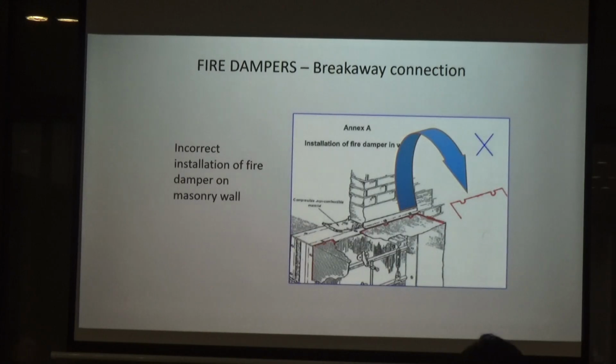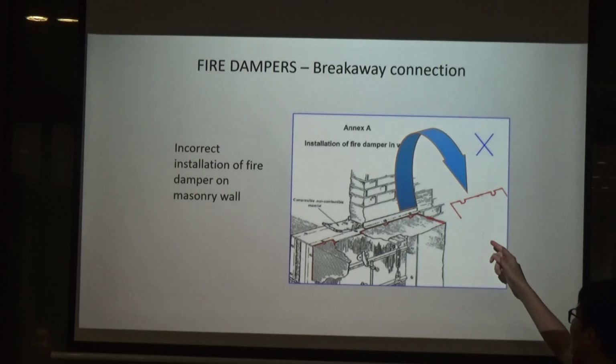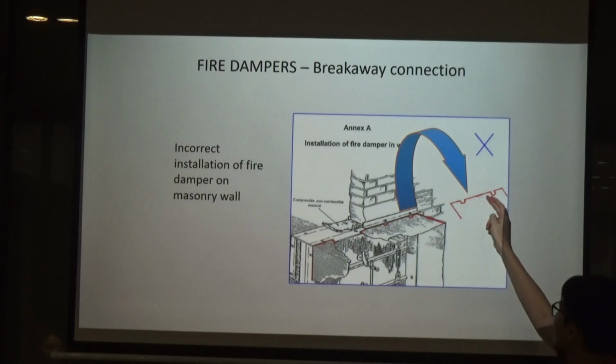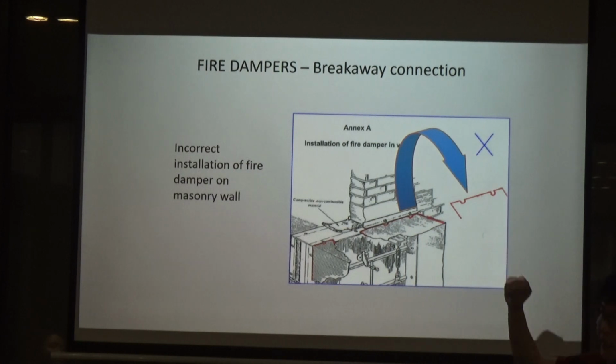Okay, so what is the incorrect installation of fire damper? This is on the duct connection part. Normally contractors will install a short duct to our fire damper. Sometimes they will cut this shape out to avoid our bolt.